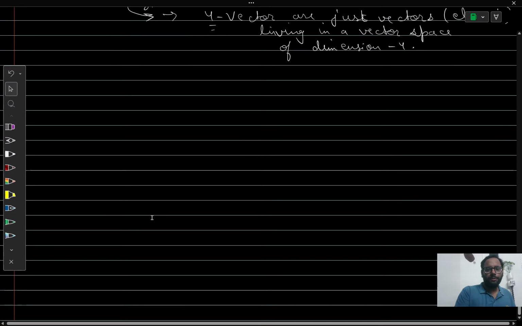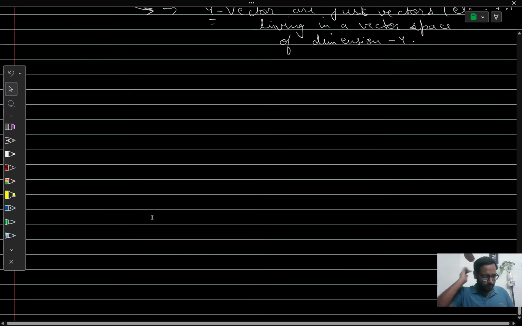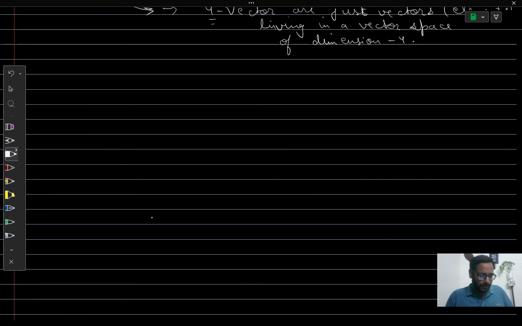And how do we denote it? Let's do this. Just like three vectors, we can define a displacement vector like this in the space time. Okay, so this is my time axis, this is my space axis. Okay, so in the space axis, how will you define the S prime frame?